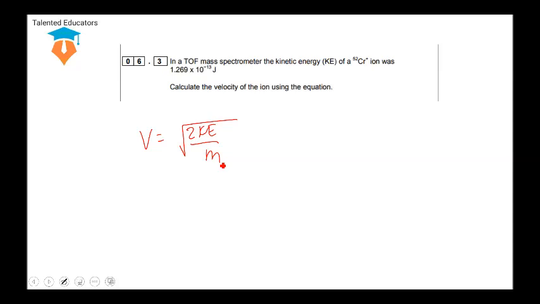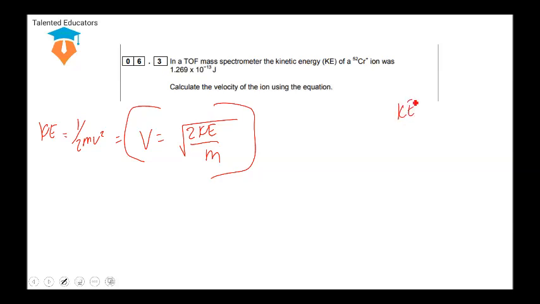This is basically just rearranging that other equation that we looked at before, which was KE equals half mass velocity squared. We're going to rearrange it to get this.